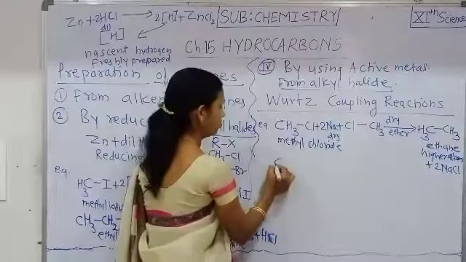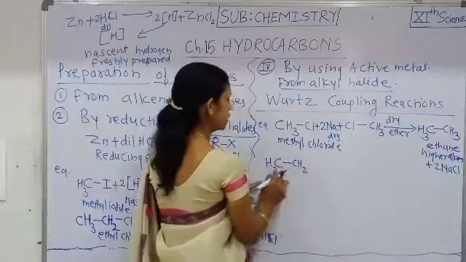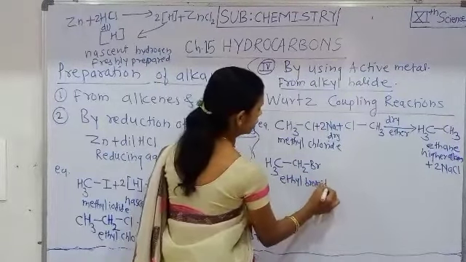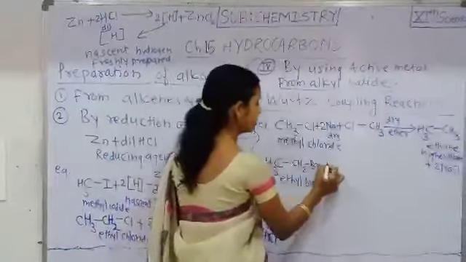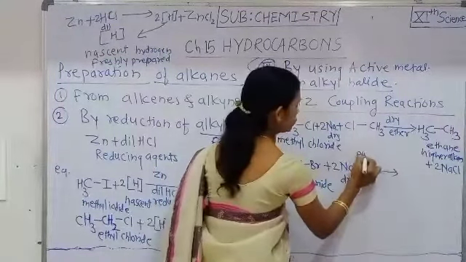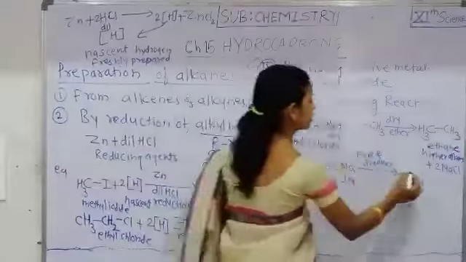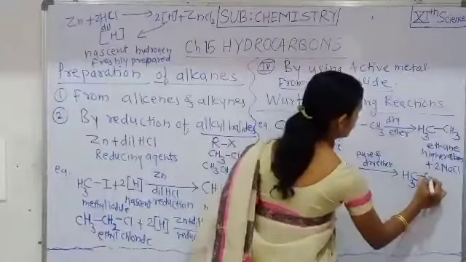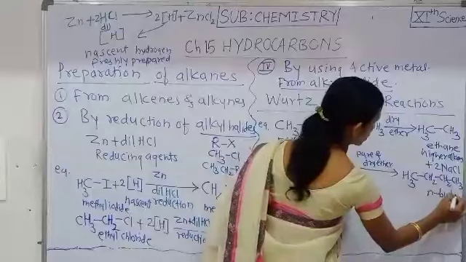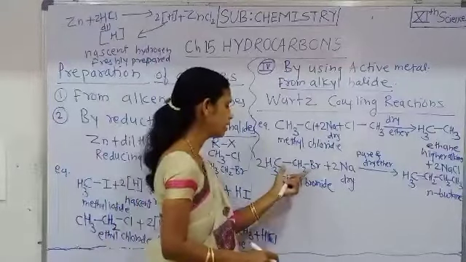Similarly, we can prepare a few more higher alkanes using different alkyl halides, for example CH3CH2Br, ethyl bromide. 2 molecules of ethyl bromide, when treated with pure and dry sodium metal in the presence of pure and dry ether, give n-butane, which contains double the carbon atoms present in ethyl bromide.